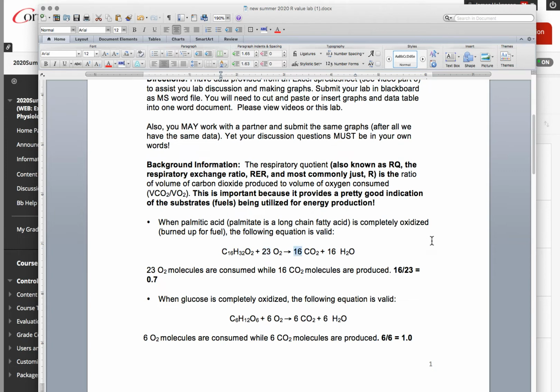Remember, the formula for respiratory exchange ratio is CO2 produced over O2 consumed. So it is 16 divided by 23, 16 carbon dioxides divided by 23 oxygens, and that value is 0.7. So if the RER value is near 0.7, then one is burning predominantly fats as a fuel.